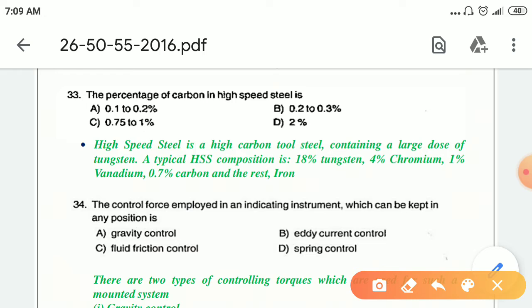A typical high-speed steel has a composition of 18% of tungsten, 4% of chromium, 1% of vanadium and 0.7% of carbon, and the rest is iron. So from the percentage of 0.7% carbon, we can identify that the answer for question number 33 is option C, that is 0.75 to 1%.